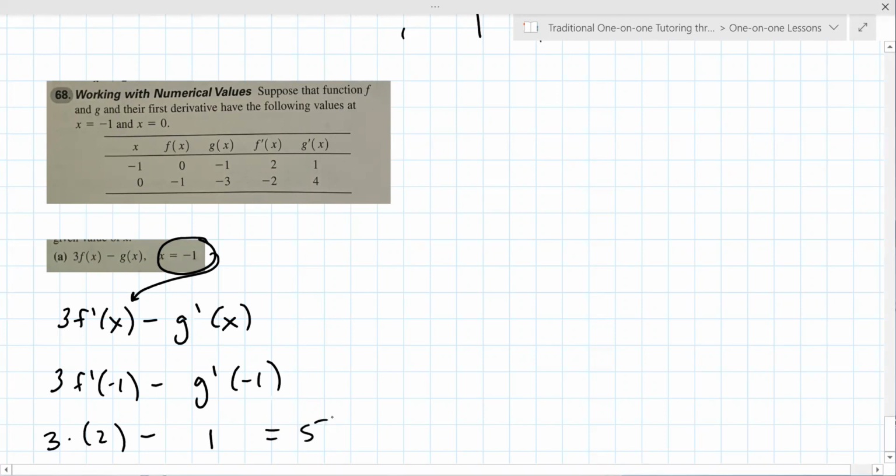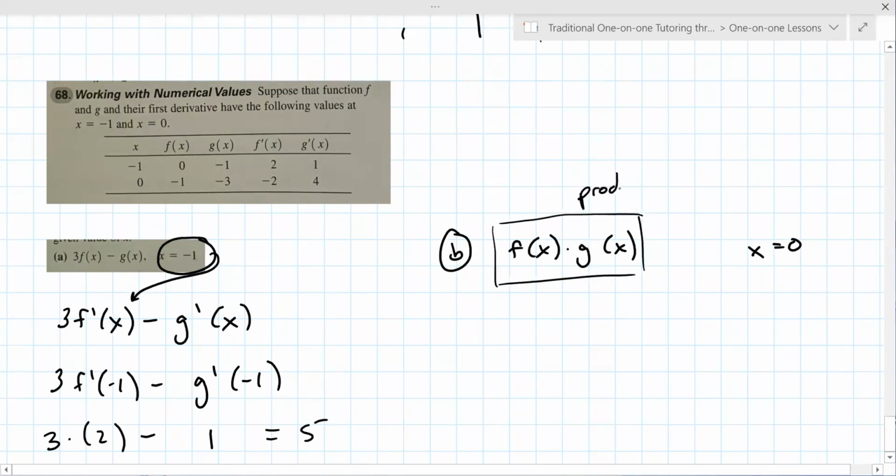Yep. Okay. So now let's do B. B is, let me snip it in. Actually, I'll just write it out. So f of x, g of x, and they want it at x equals 0. So this is the product rule. Okay. Remember that from yesterday? Yeah. So it's f of x times g prime of x plus f prime of x times g of x.